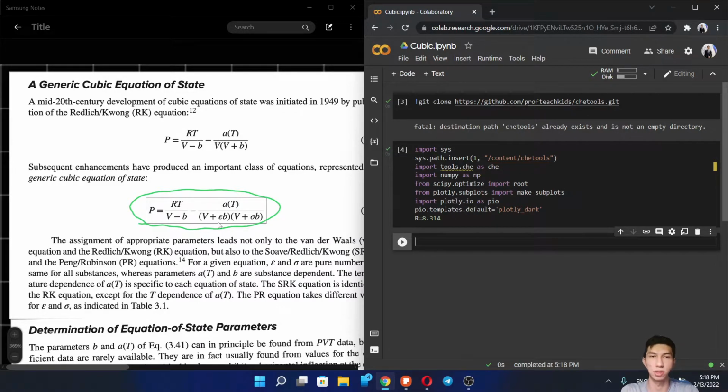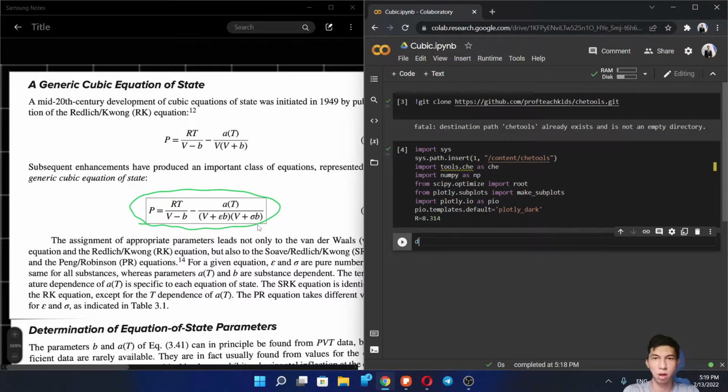So before we start the plotting, if we look at our generic cubic equation of state, we have our parameters of B, A, epsilon, and sigma, right? So let's start our calculation by defining a function that would determine the values of B, A, epsilon and sigma.